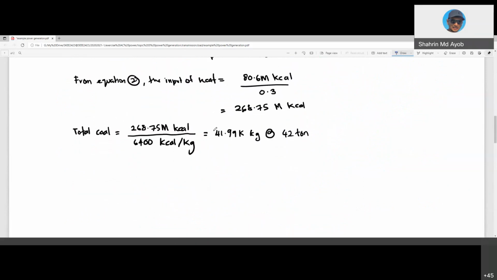So you will obtain the amount of the coal that needs to be burned to get this calorie input to the thermal converter. Okay, so it requires around 42 ton to generate the 75 megawatt of electrical energy.